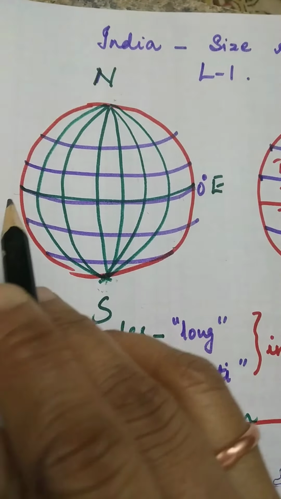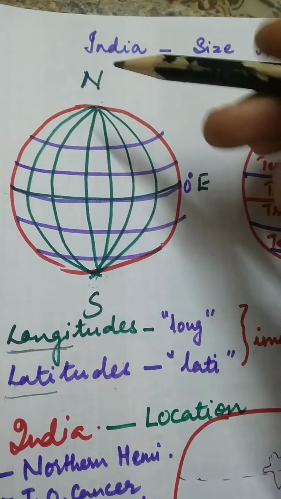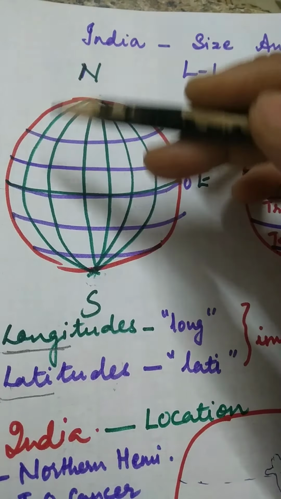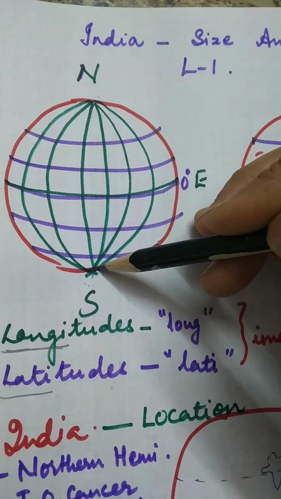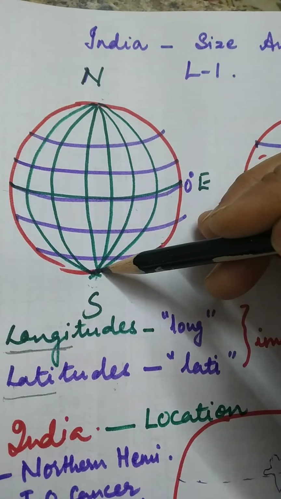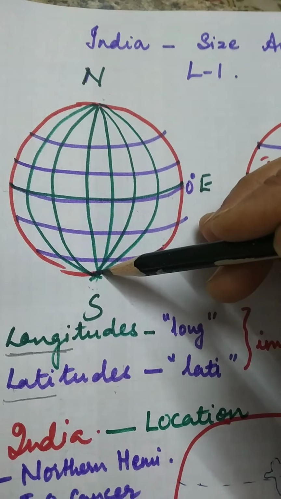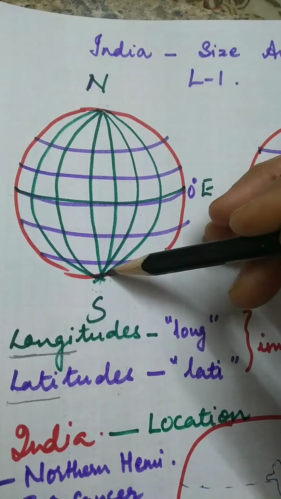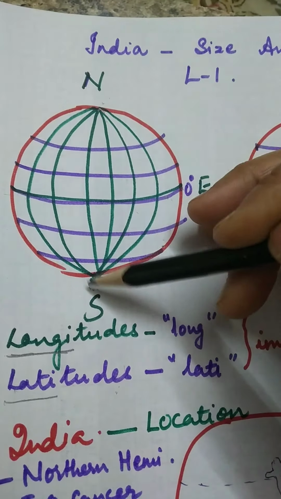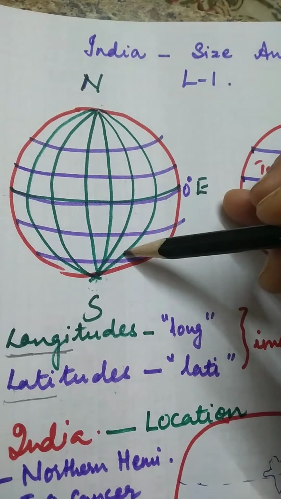The lines which are running in length from the North Pole to the South Pole are called longitudinal lines. How will you remember the longitudinal lines? Remember long, they are running from North Pole to the South Pole. So, these green lines are the longitudinal lines.